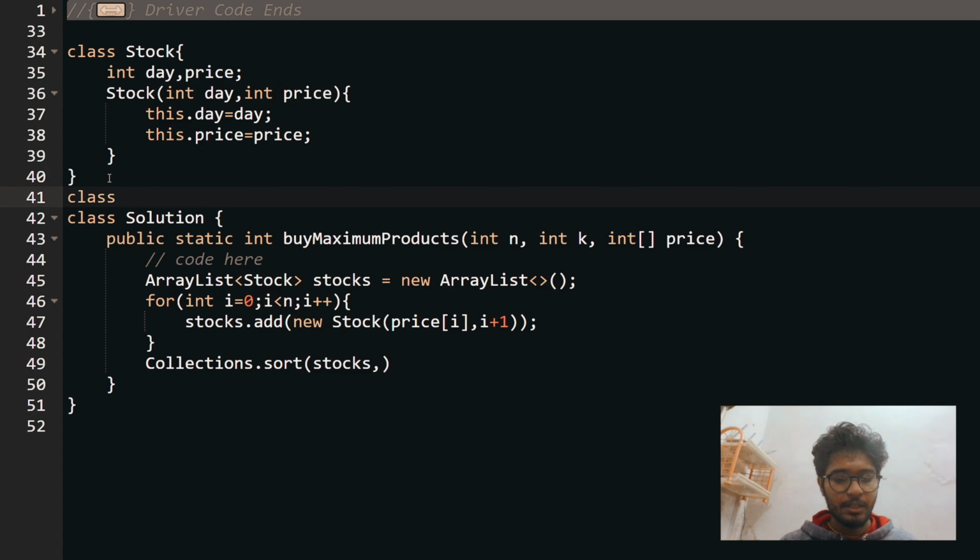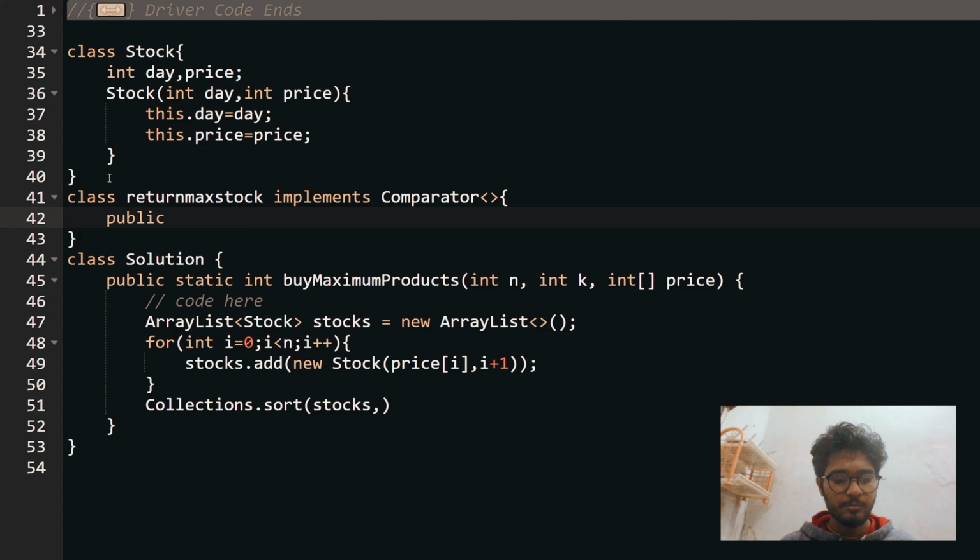For that we will take return max stock, which implements Comparator.